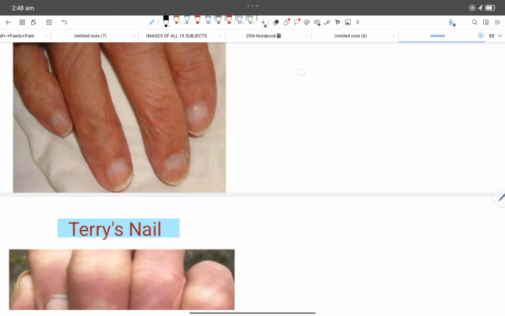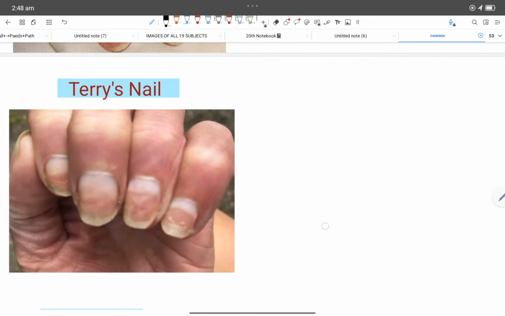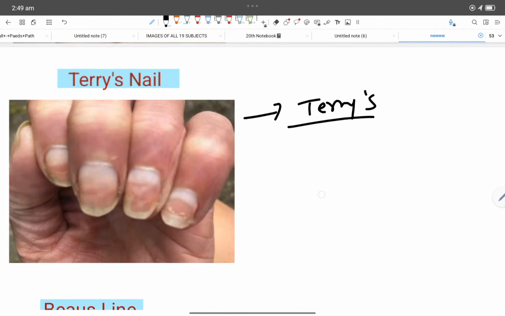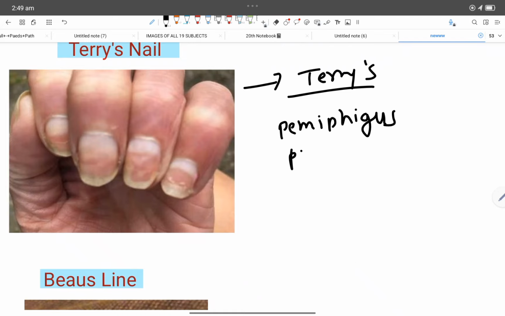And this is Terry's nail. This Terry's nail is generally found in pemphigus patients in dermatology. Beau's line.